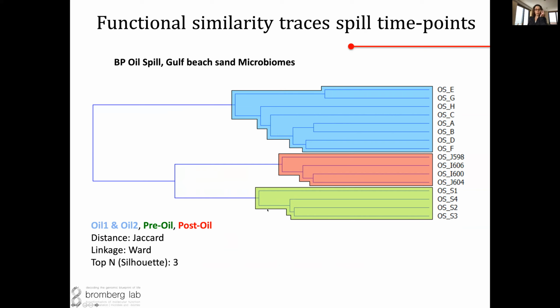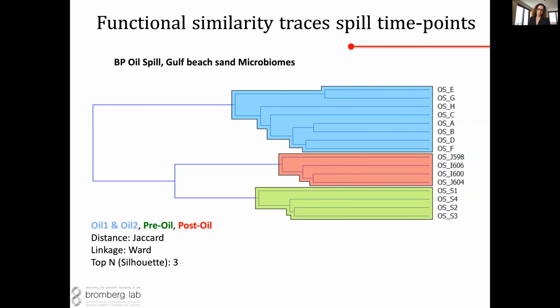And what you could see very clearly here is that the vectors of functions of the bacteria that live in the oil time separate really well from the post-oil and the pre-oil phase. So this is a tree that you would build for hierarchical clustering. So this is one cluster, and the red and the green are another cluster. So first things first, the oil space separates really far away from the post-oil and the pre-oil space.